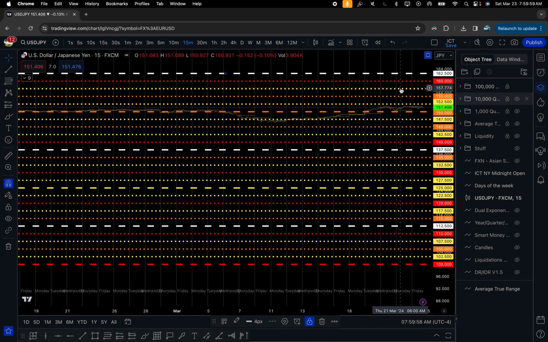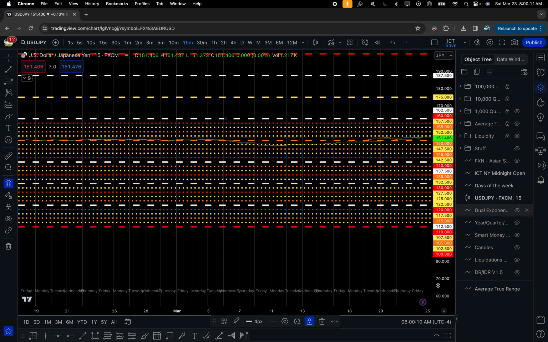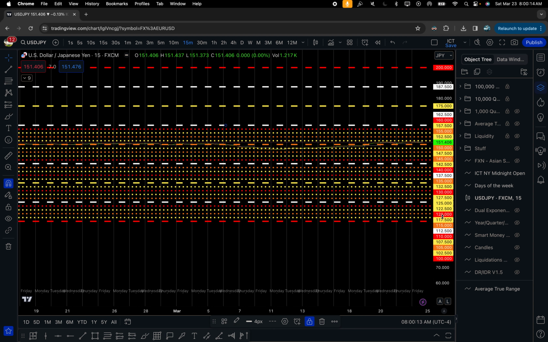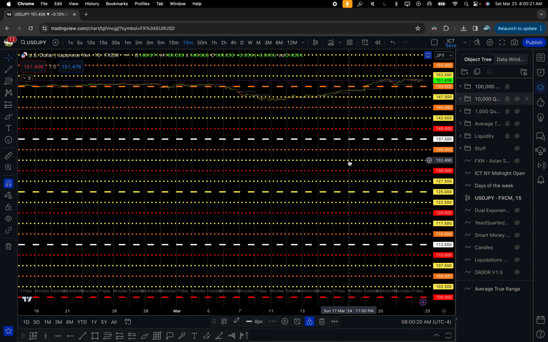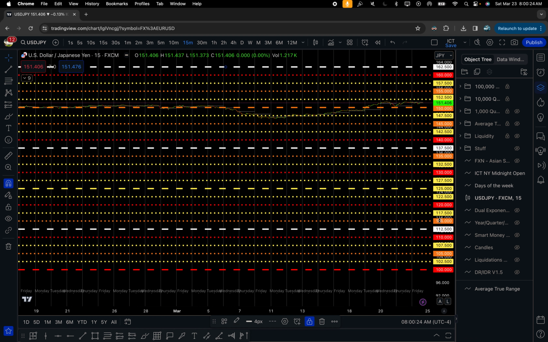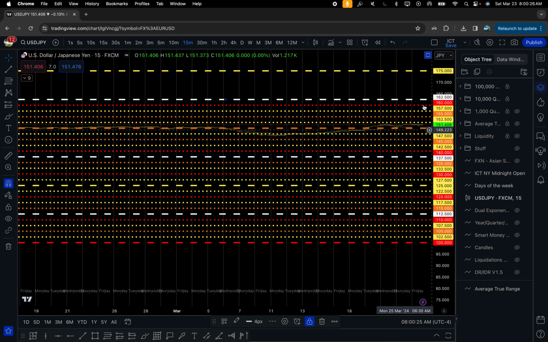these dashed levels are what I call 100,000 levels, right? Because they're reflective of 100,000 to 200,000. See what I'm saying? And then you zoom in, and the thick dashed lines are the 100,000. The thick dotted lines are what I call the 10,000 levels.